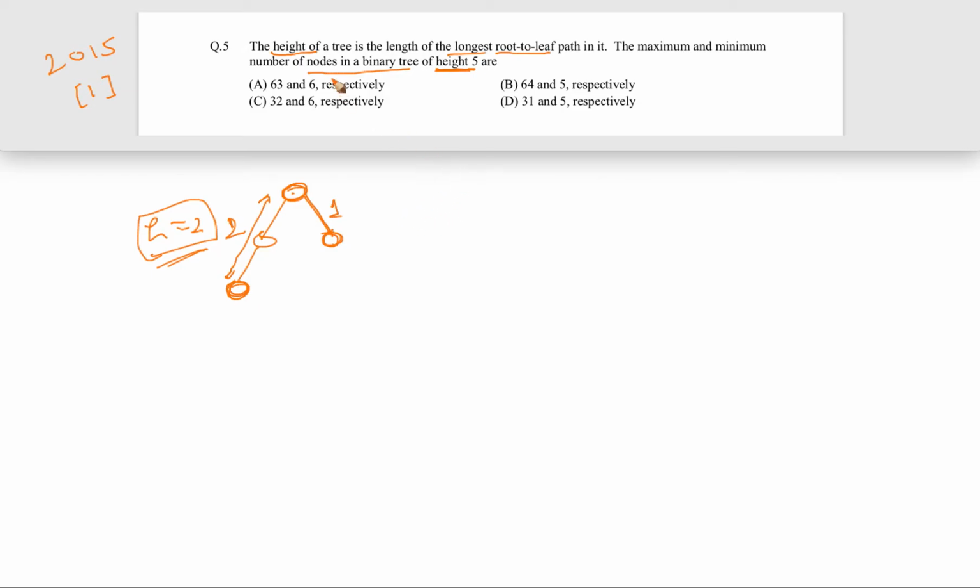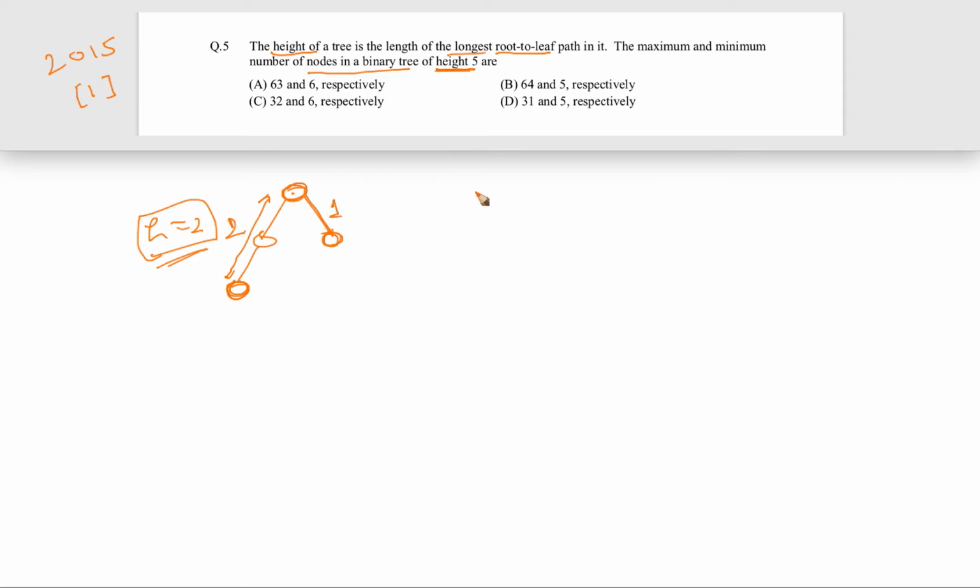So what is the definition of a binary tree? A binary tree is a tree data structure where each of the nodes can have at most 2 children. At most means it can have one child also. Each node can have maximum 2 children, but it can have a single child also. It can have 2 children also. It can have no children also.